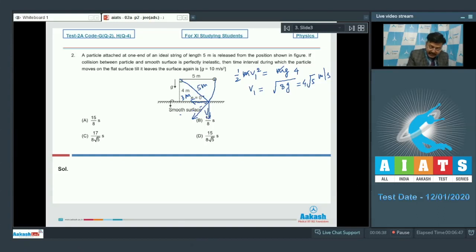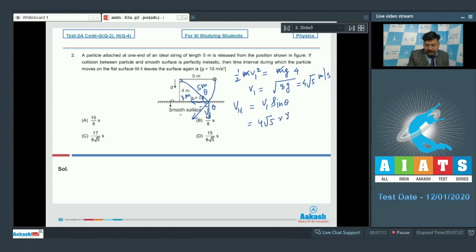Now, if this angle is theta, we can see that this angle is also theta, which means the tangential component of v1, or the horizontal component also, is basically v1 sine theta, and its value is 4 root 5 meter per second, which is v1 into sine theta. And if we have taken this angle as theta, sine theta is 4 by 5.